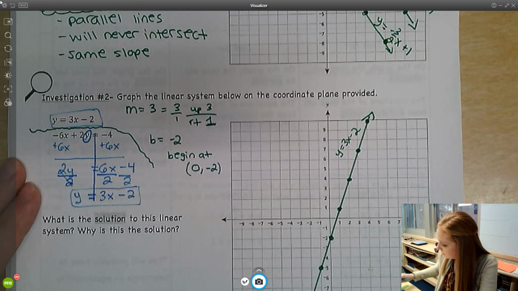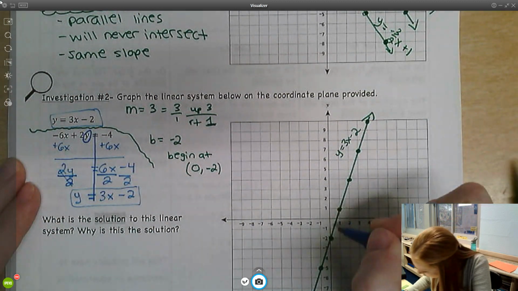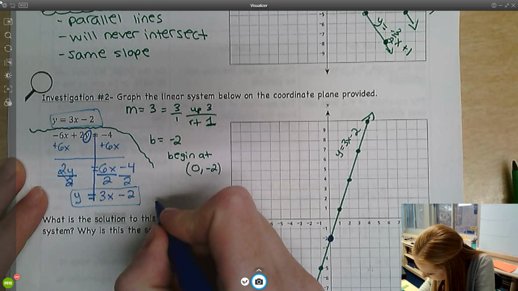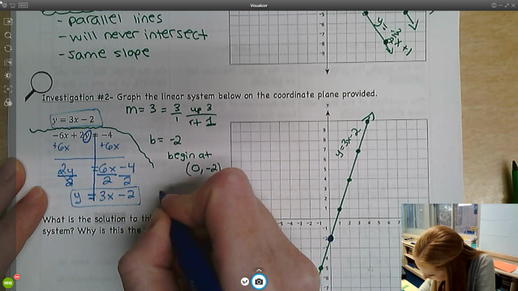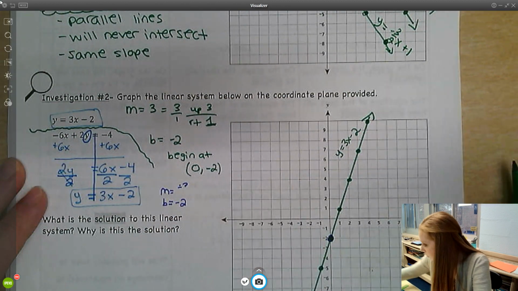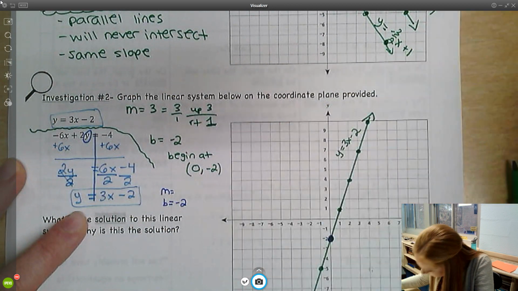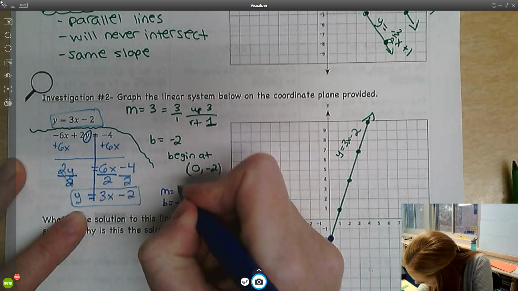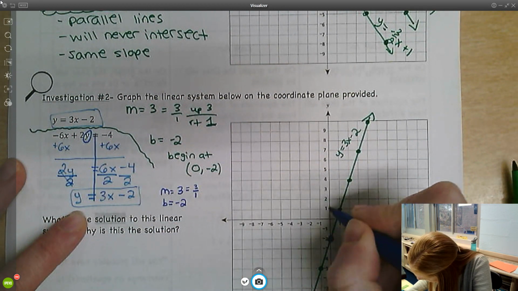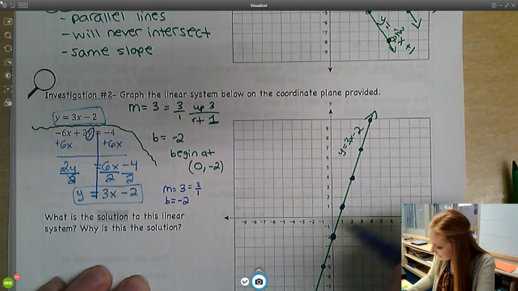If I take my blue marker and graph this one, begin at negative 2, and move up 3 over 1, up 3 over 1, we're going to get the exact same line.